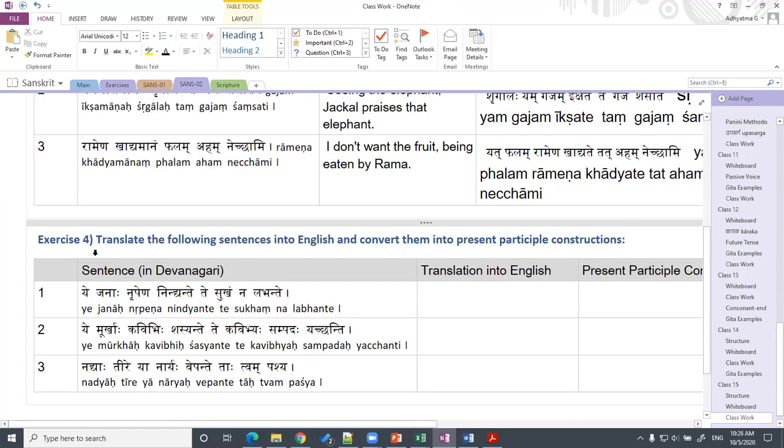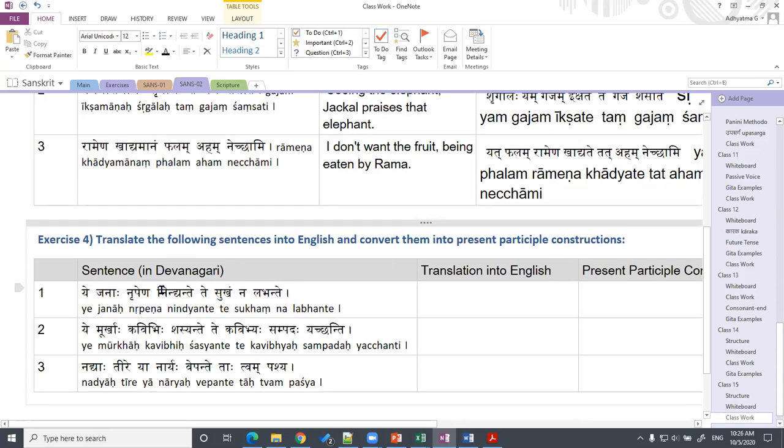Now look at exercise 4, which is to convert the sentences into present participle constructions. Here it is the opposite: he has given the yat-tat and we have to convert into the present participle. So ye janaha nrupena nindyante. That is clearly a passive voice. Janaha becomes the object, nrupa becomes the subject.